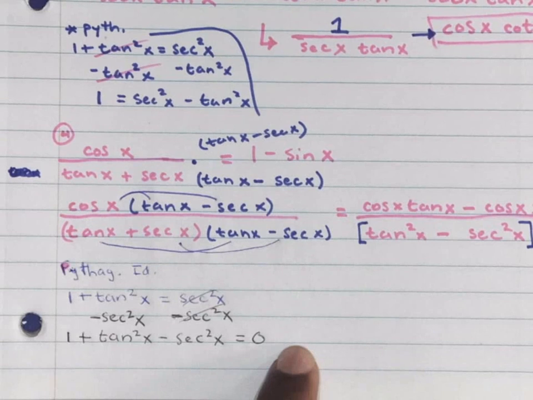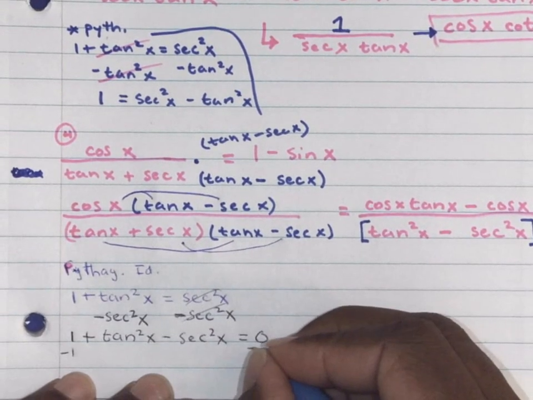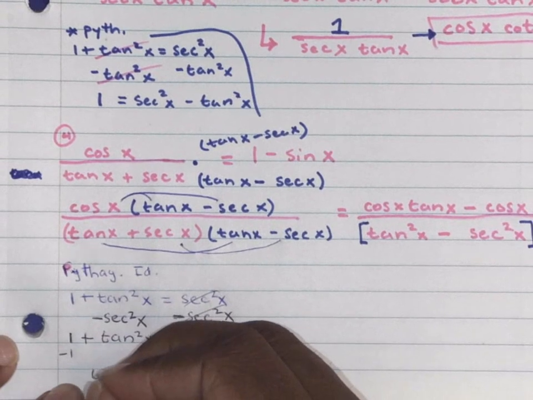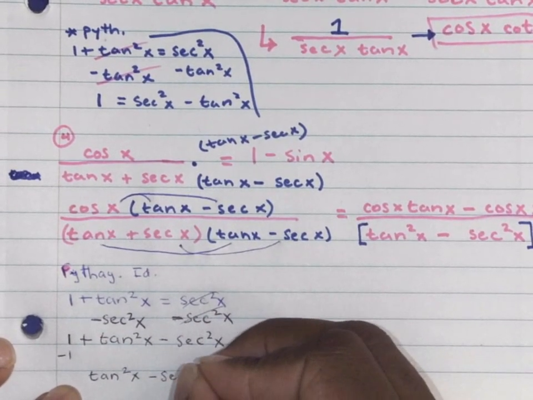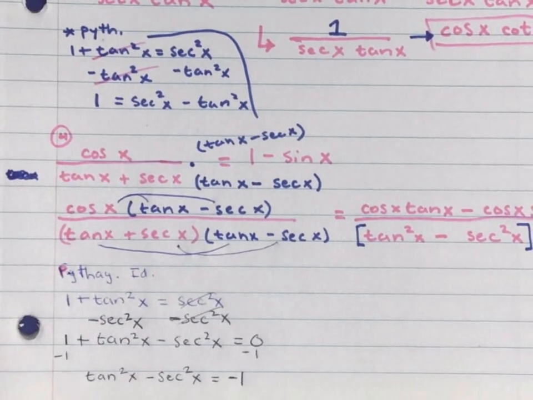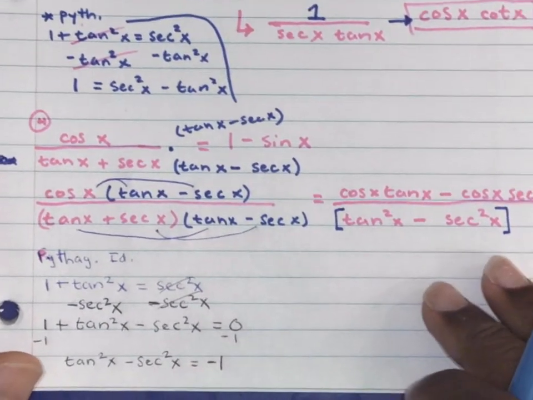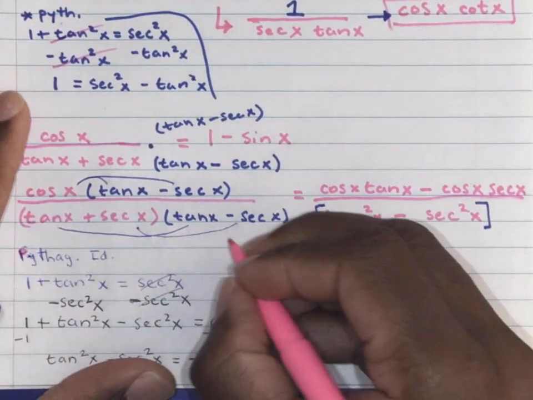And so now I need 1 to go so it looks just like this. So I would subtract 1 from both sides. And we get tangent squared x minus secant squared x equals -1. All right, so this equals -1.